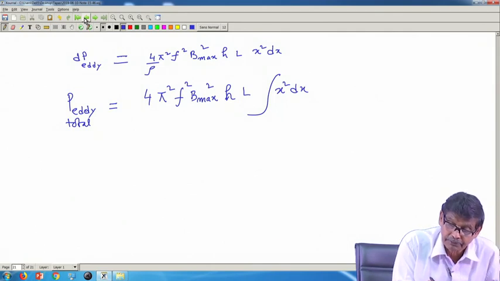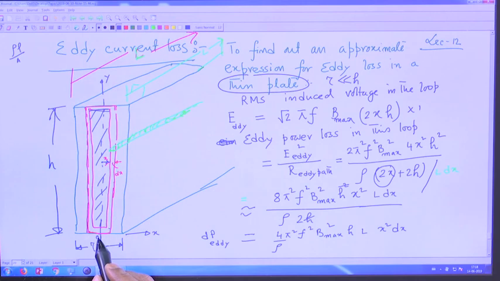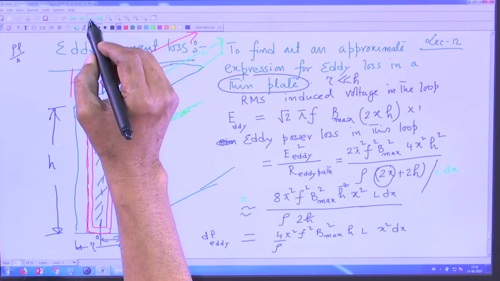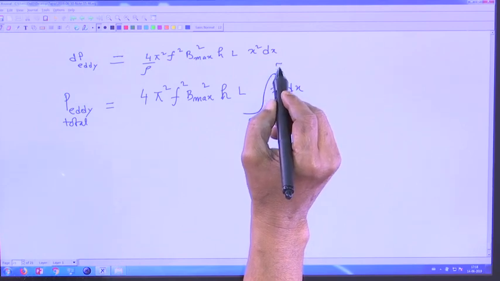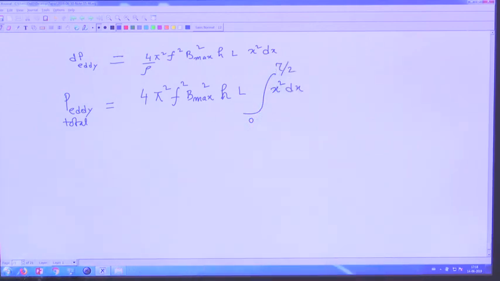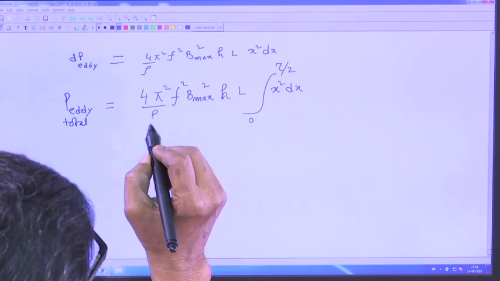So, I go to the previous page. The question is, what will be the limit of integration? See, at a distance x, I have considered the full loop. So, 0 to tau by 2 will be the limit, where tau is the thickness of the plate. So, 0 to tau by 2, that is all. This will be the thing, divided by rho, of course.